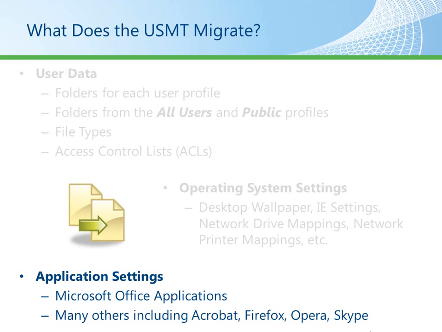I'll give you a couple of other examples: Apple Safari, Google Chrome, Outlook Express, Microsoft Project, Windows Mail, Windows Live Writer gets migrated. So all those settings are migrated. If you've got Zune settings, those will be migrated too. So again, just take a look. If you want to see exactly what's configured, open up the migapp.xml file and you'll see all the applications and what settings have been configured to be migrated for those applications.